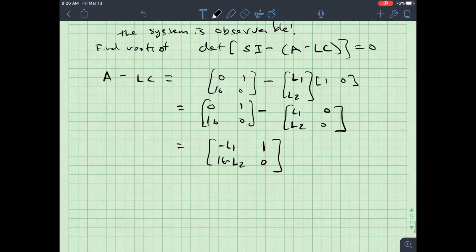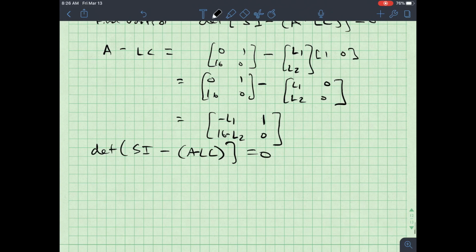So now I want to take the determinant of sI minus (A minus LC) and set that equal to 0. So that's the determinant of s times the identity matrix of size n by n minus the matrix I just found, negative L1, 1, 16 minus L2, 0, and set that equal to 0.